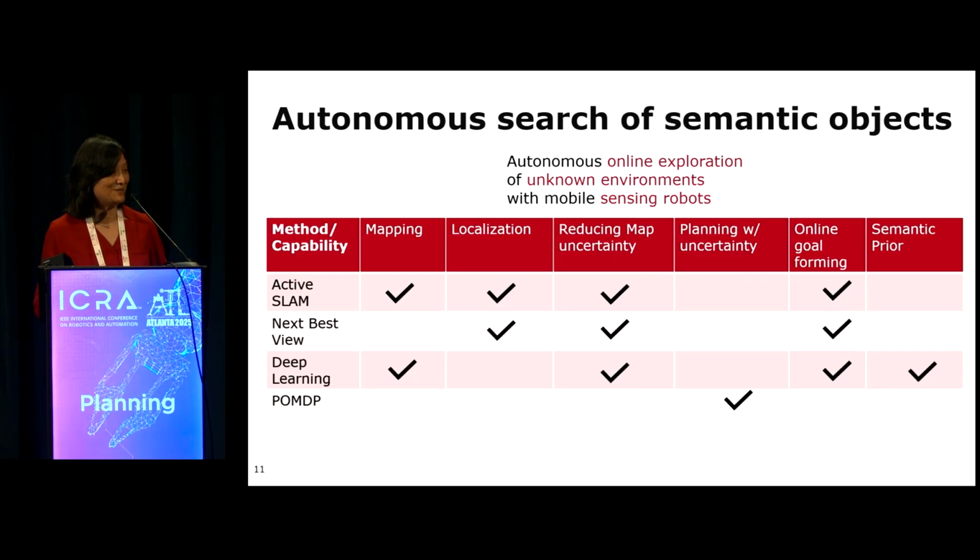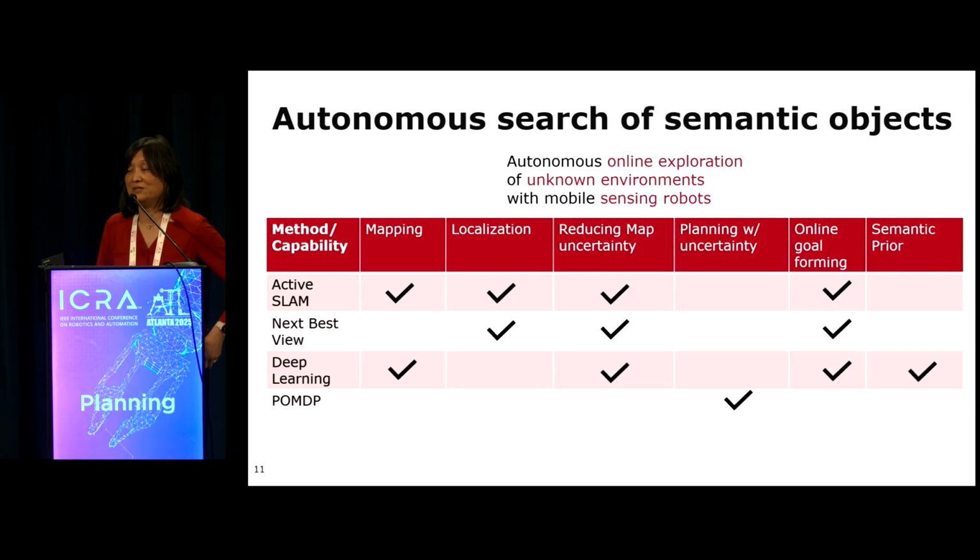We just heard about POMDP from Hannah earlier. That's explicitly planning with uncertainty models to cover all kinds of inaccuracies. This is great. All these capabilities are important, but as you can see, they're not enough for achieving this task.